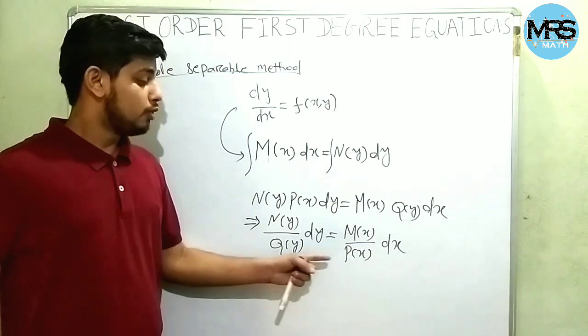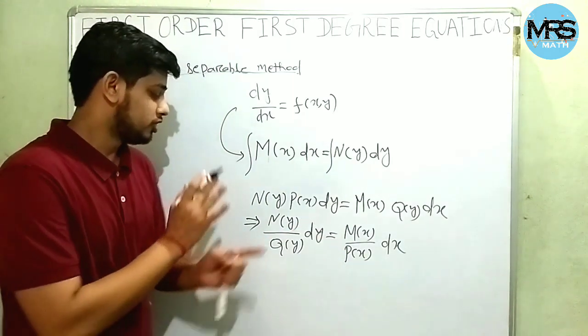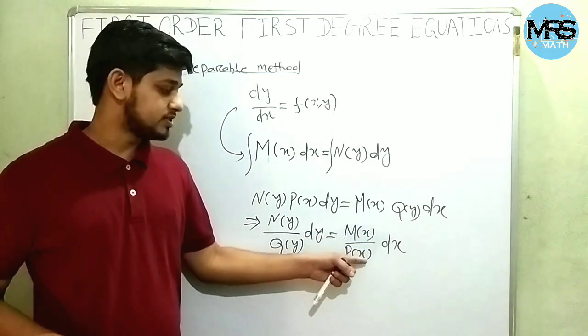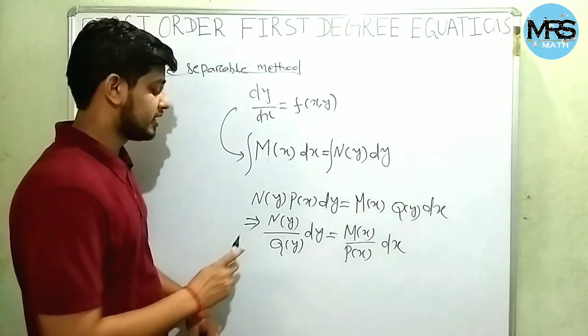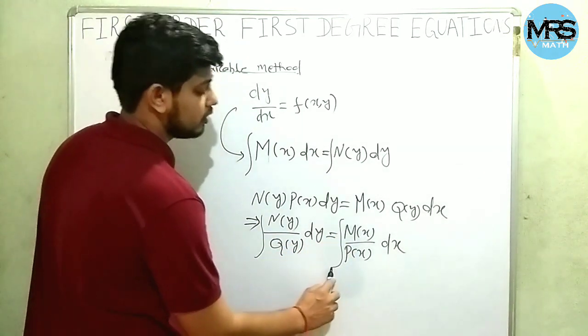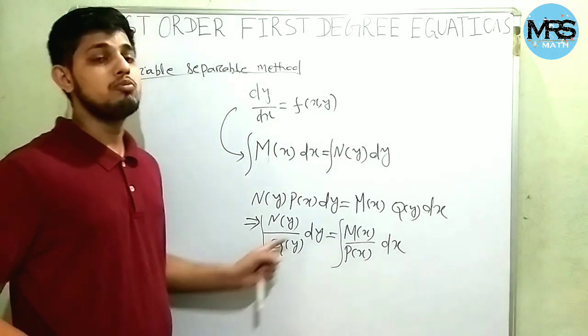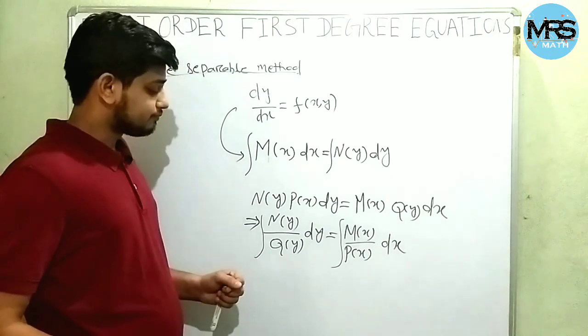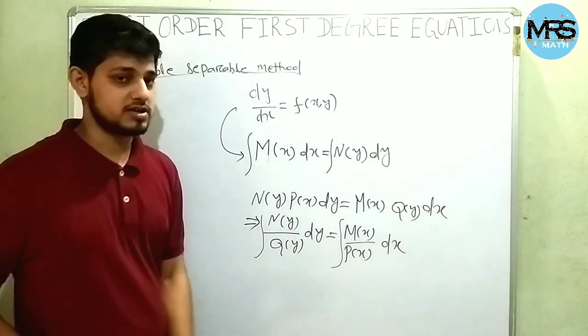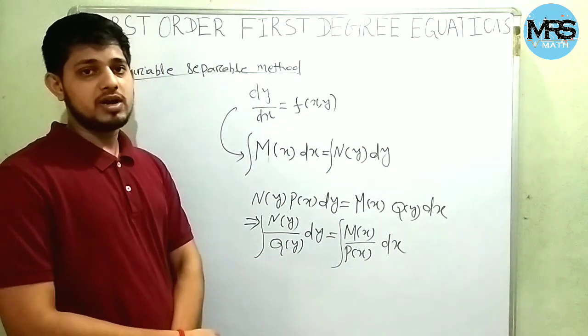We just separated the y terms along with dy and the x terms along with dx. Then our duty is to integrate both sides, and we get an integration constant, which gives the final solution.